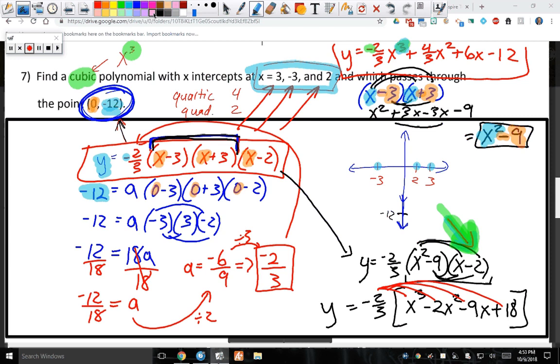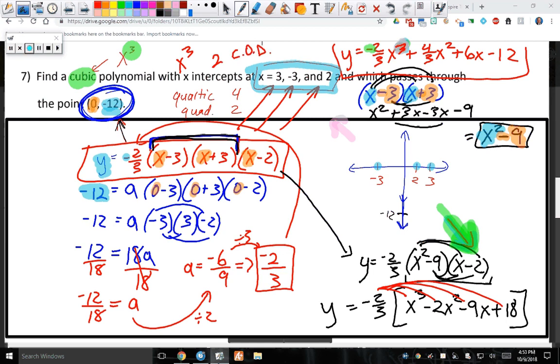Furthermore, because this 3 is an odd number, it's going to have odd symmetry about it. And finally, what if I did change the direction?